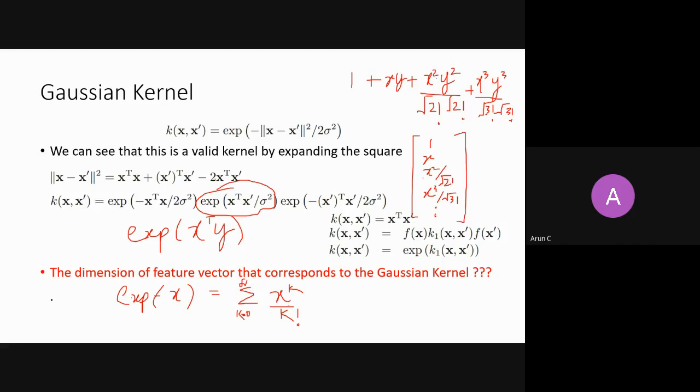Similarly, you can write the second vector in terms of y, expanded the same way as x: 1, y, y squared upon root 2 factorial. You got my point or not? Can you write yes or no? It keeps on going like this, and it is still infinity, right, guys? Very good, very nice.